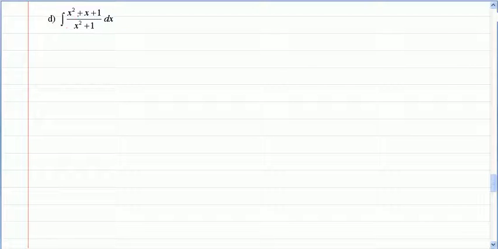So what you do when you have the two powers that are equal, or when the numerator is higher, you use long division first.